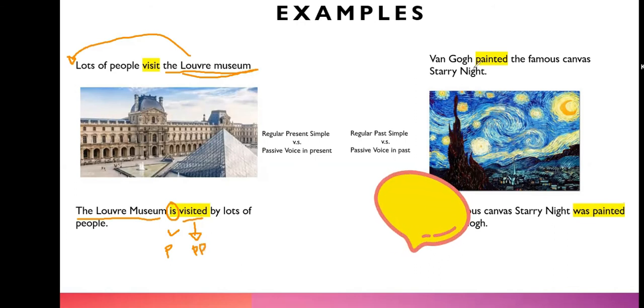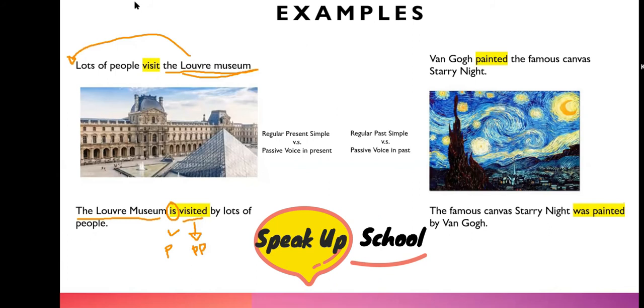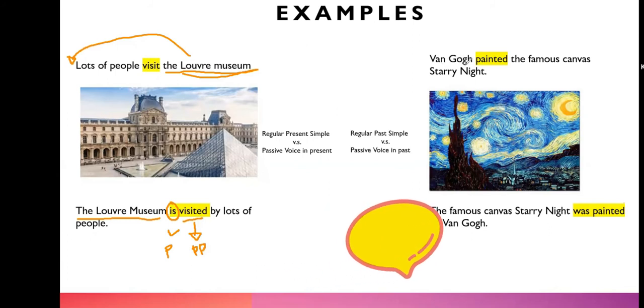And then let's see the next example. Active voice. Van Gogh painted the famous canvas Starry Night. Who are we talking about in this example? Exactly, Van Gogh. But we want to change the attention. We have the famous canvas Starry Night. This is the name of the canvas, okay?